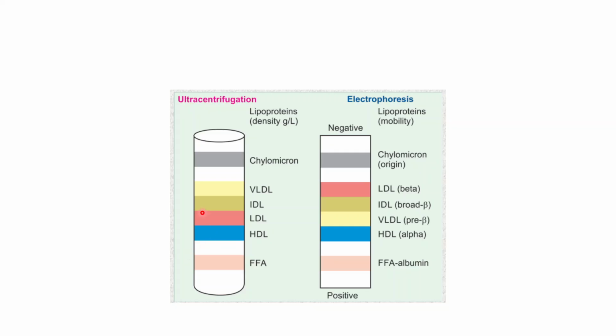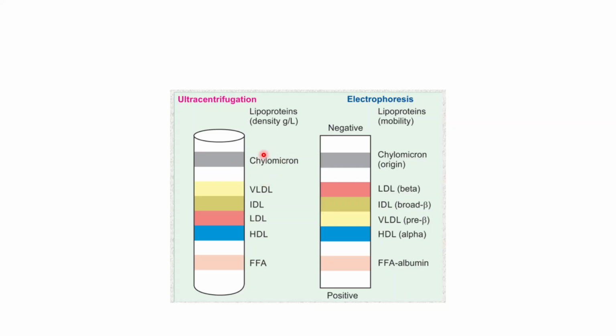So now you can see this ultracentrifugation. When plasma is mixed with saline solution and centrifuged at a high speed, different classes of lipoproteins float through this medium at different rates, depending upon their relative density.